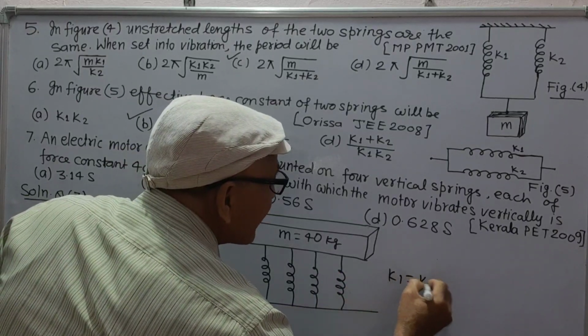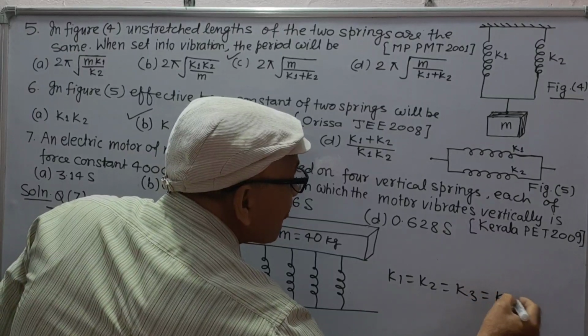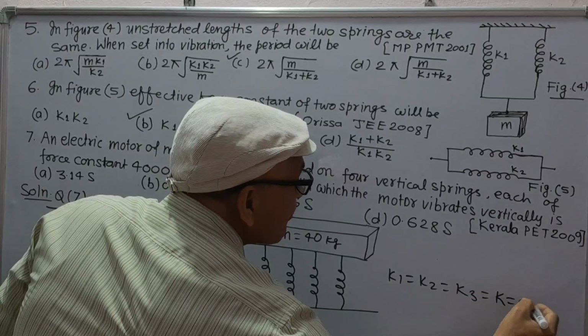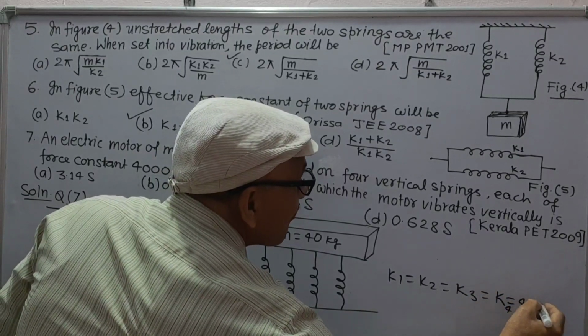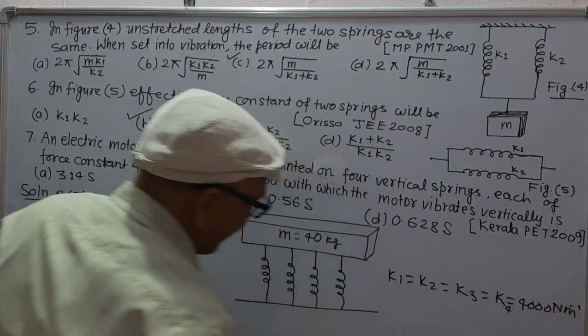K1 is equal to K2 is equal to K3 is equal to K4 is equal to 4000 Newton per meter.